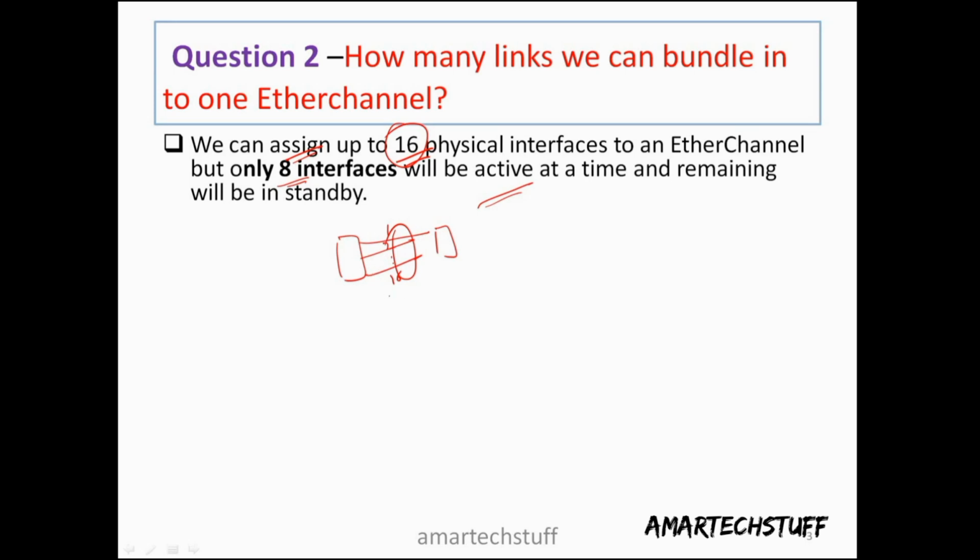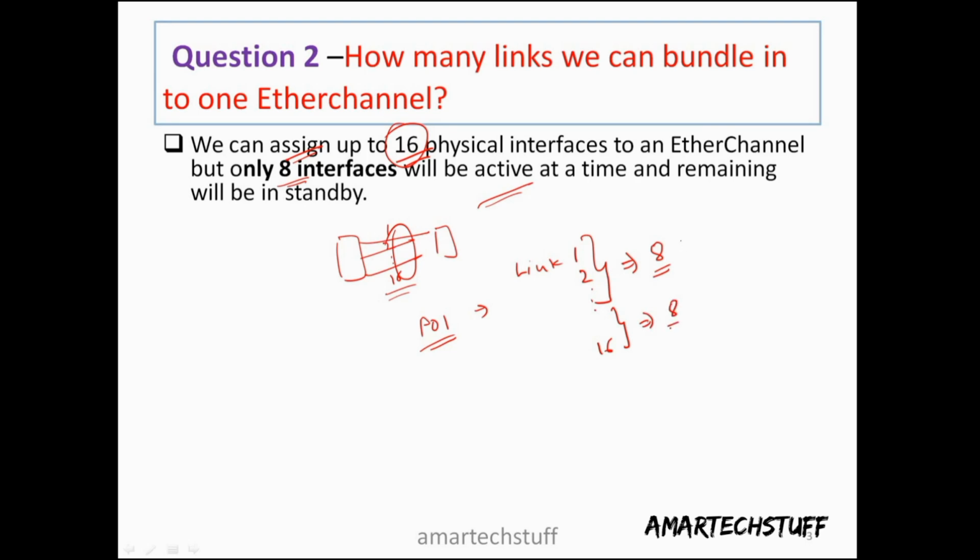I'll explain. Let's say we have these 16 physical interfaces assigned to a port channel, let's say port channel 1, that is the Etherchannel, with links from link number 1 to 16. Now out of these 16 physical interfaces, only 8 will be active and the remaining 8 will be standby.